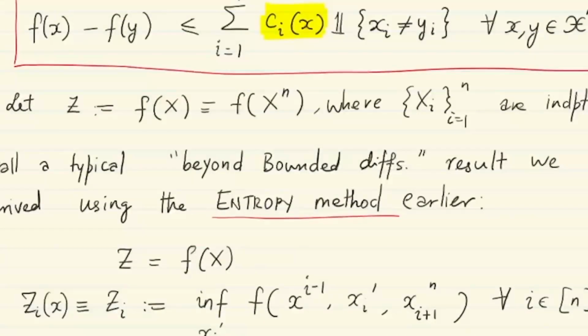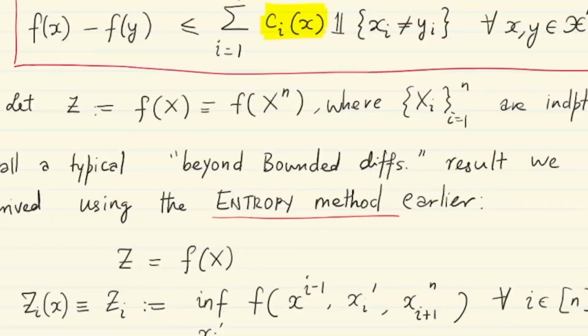If you just think of holding x constant at all positions but position i, and minimizing, trying to find the least value of y, where y is defined as x in all but the ith coordinate, and letting it range freely over the ith coordinate, then on the right hand side you basically have only one term, which is the indicator xi not equal to yi, and for that term an almost sure upper bound is ci of x.